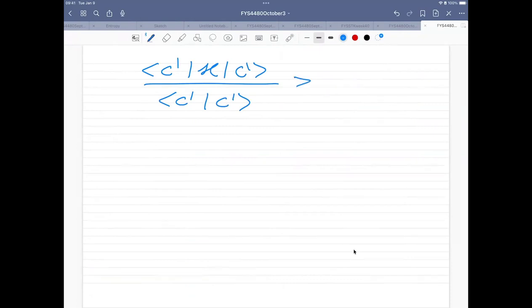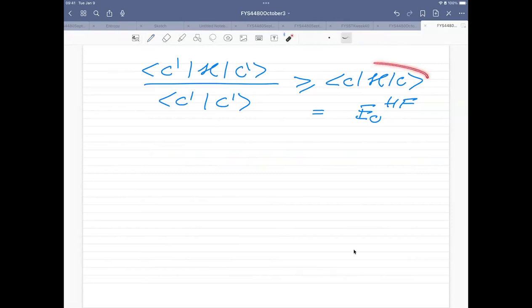What we are going to require is that this should be larger or equal to the Hartree-Fock energy, which is the same as our E0 Hartree-Fock, or just a reference energy. So we make a variation, and what we want to show is that the term which has not been varied gives a lower energy than the one where we make a variation. This is a starting point for studying the stability.